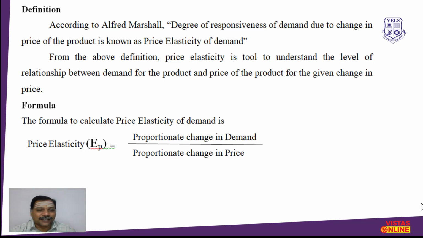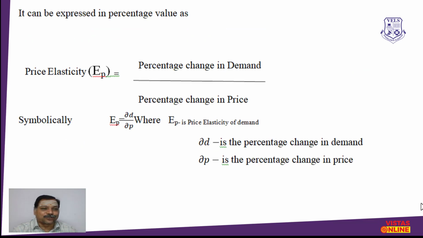What is the formula? Price elasticity of demand, EP, equals proportionate change in demand divided by proportionate change in price. Sometimes it can be expressed in percentage also. So EP equals percentage change in demand divided by percentage change in price. Symbolically, EP equals ∂D by ∂P.